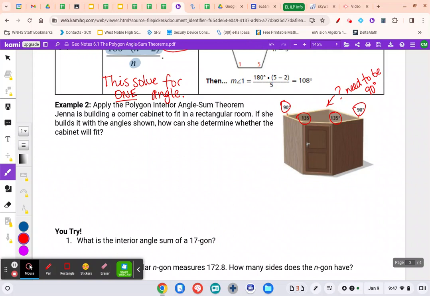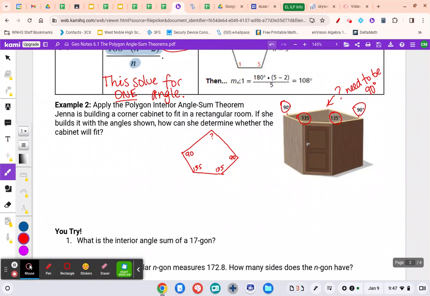So first of all, I'm going to redraw my shape so that way I can visualize this a little better. So this one is the one that I don't know. I know this is 90, 90, 135, and 135. I just copied all of this down. Now, I do need to figure out how many degrees are total in a shape that is 5-sided, a pentagon.